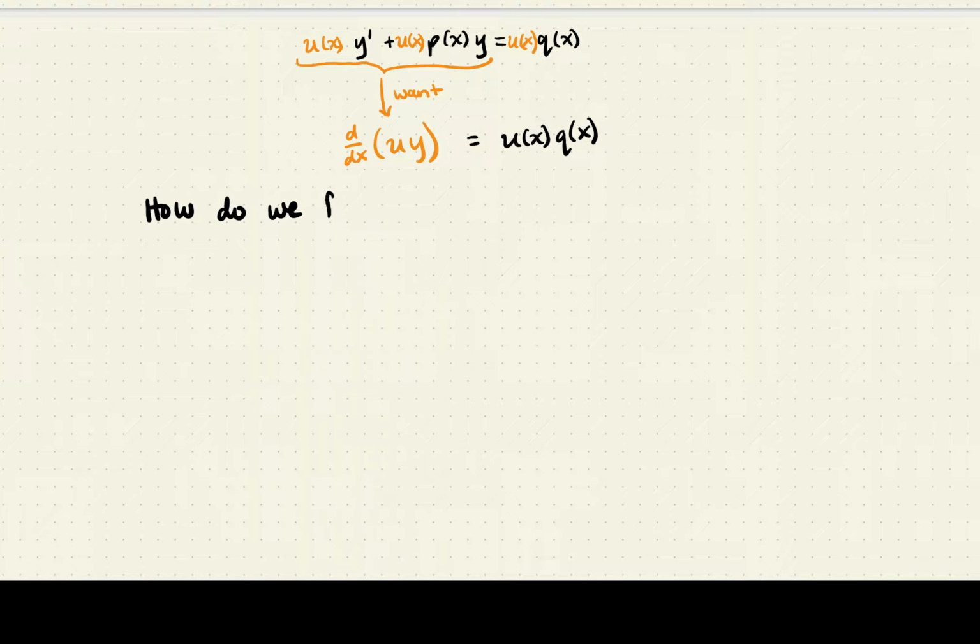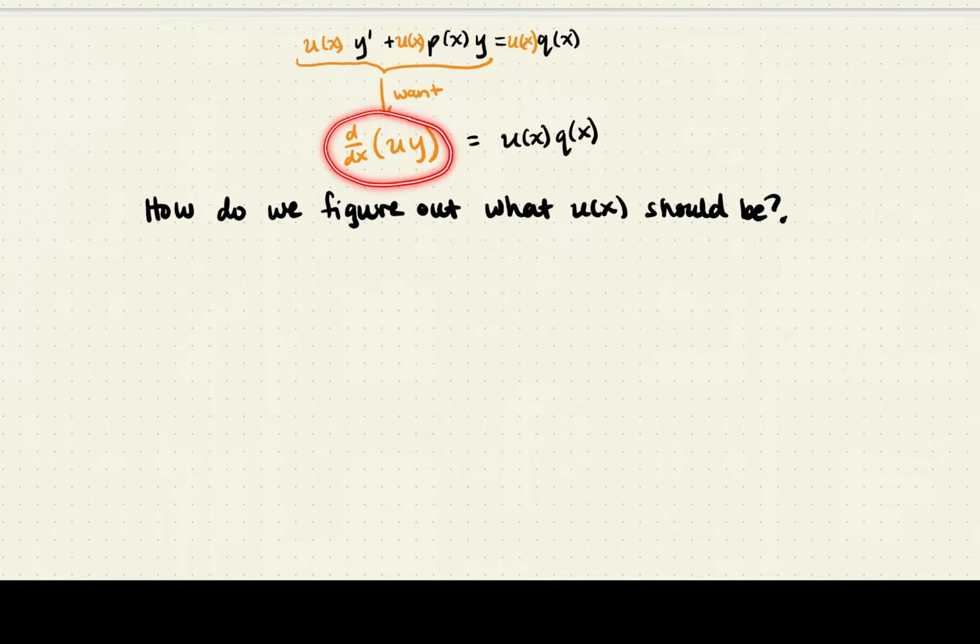We're going to do this by taking this left-hand side, d dx of u times y, doing the product rule here and then trying to match it to what we hope is the result of that product rule. By doing that, we'll figure out what u of x needs to be.